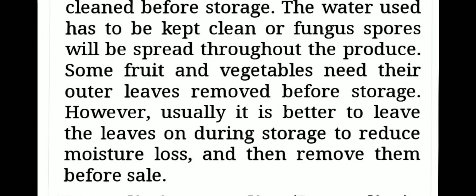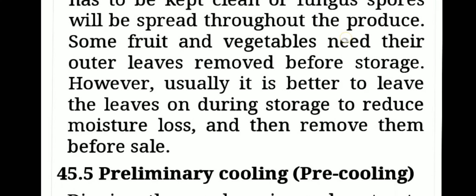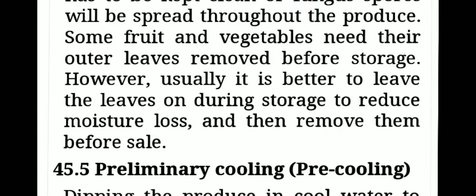Whatever the standards and specifications for storage of each and every fruit or vegetable variety, they should be followed before keeping the fruits and vegetables into a cold store. Usually it is better to leave the leaves on during storage to reduce moisture loss, and then remove them before sale.